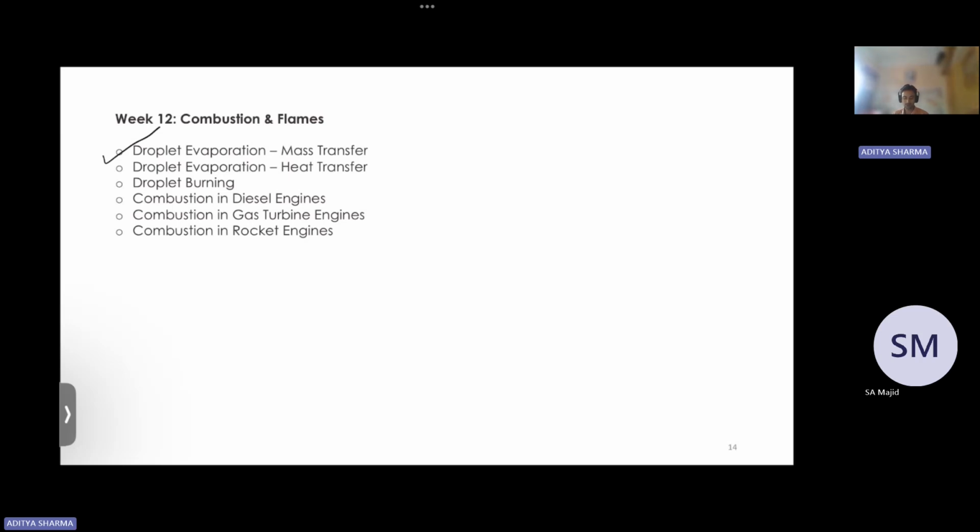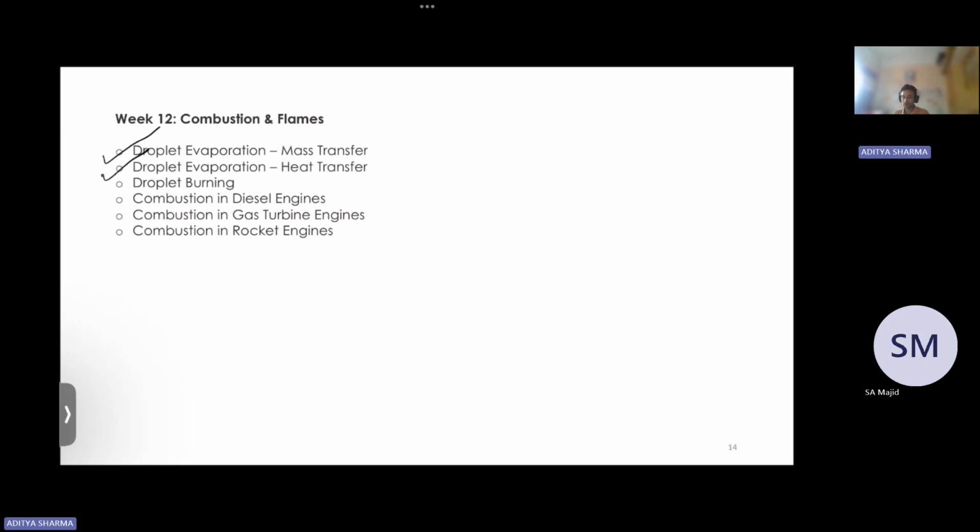So in that context, a discussion has been done on this topic. The same way, when your droplet receives heat, what the scenario is, all this has been covered in this topic.